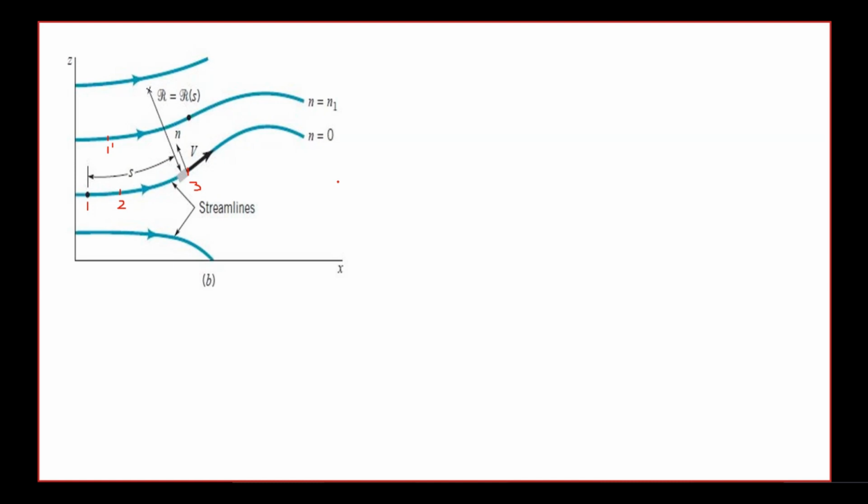So we want to eliminate that position system. What we do is take the particle and define two coordinates on it. One is along the streamline, which we call S, and the other is normal to the streamline, called N. So we have defined a new coordinate system, the SN coordinate system.